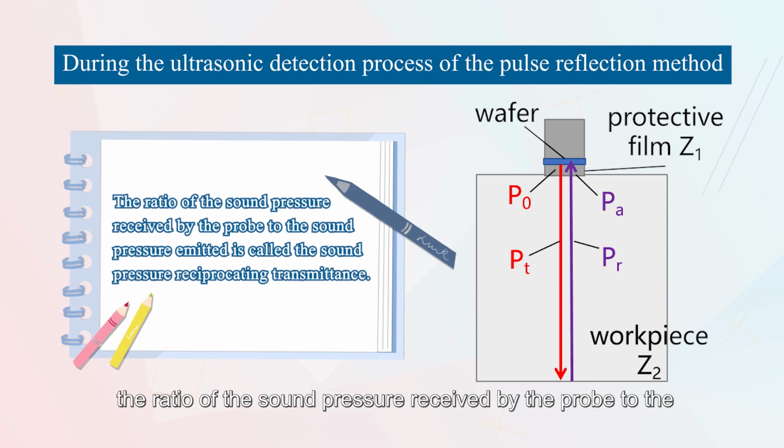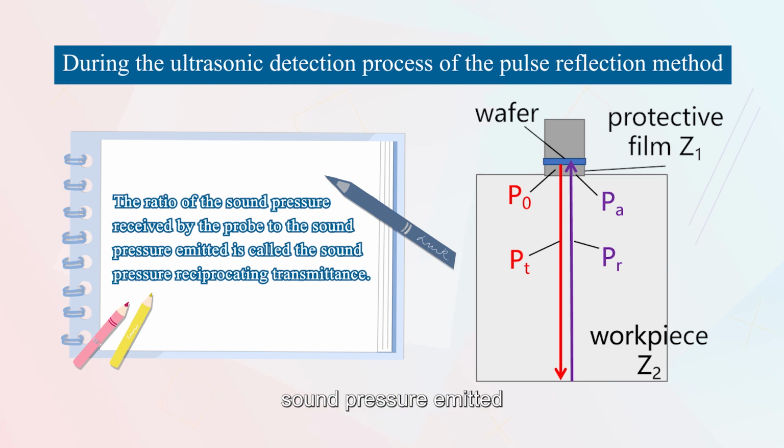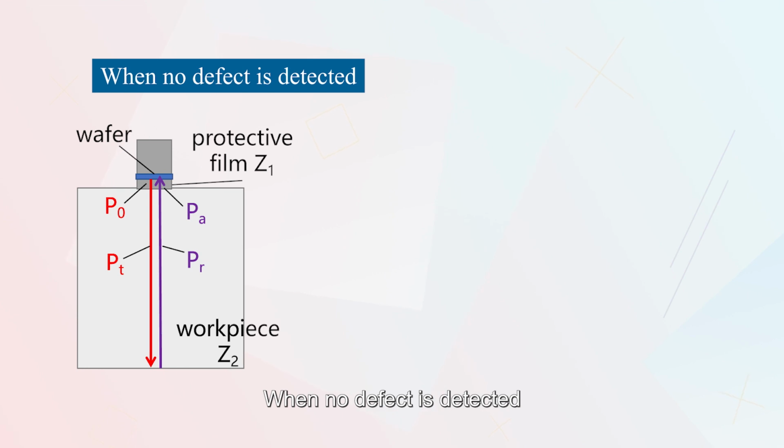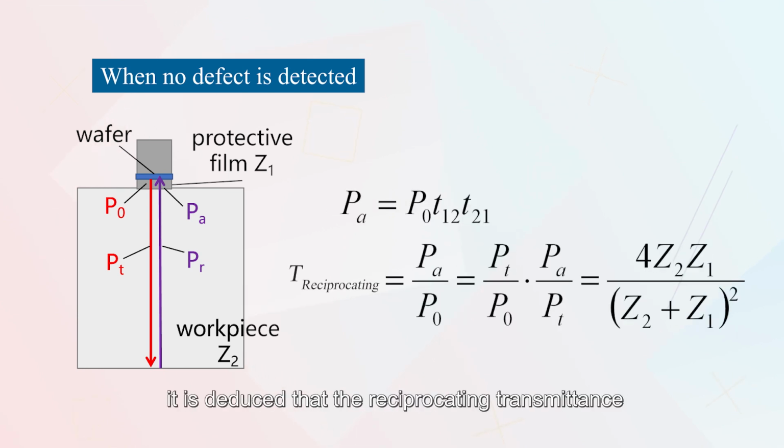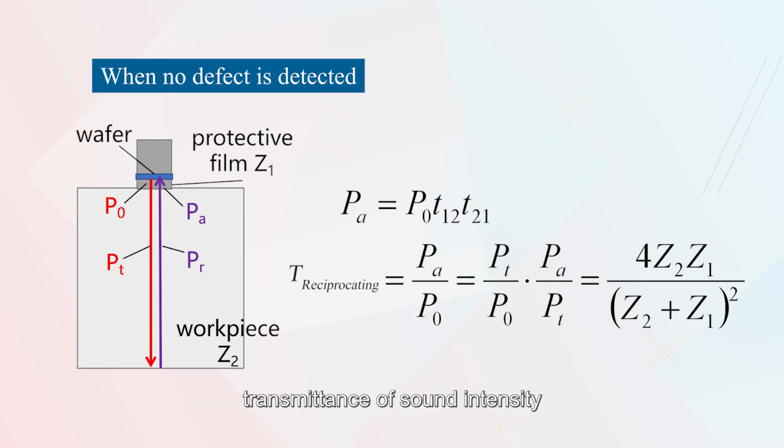Here, the ratio of the sound pressure received by the probe to the sound pressure emitted is called the sound pressure reciprocating transmittance. When no defect is detected, it is deduced that the reciprocating transmittance of sound pressure is equal to the primary transmittance of sound intensity.